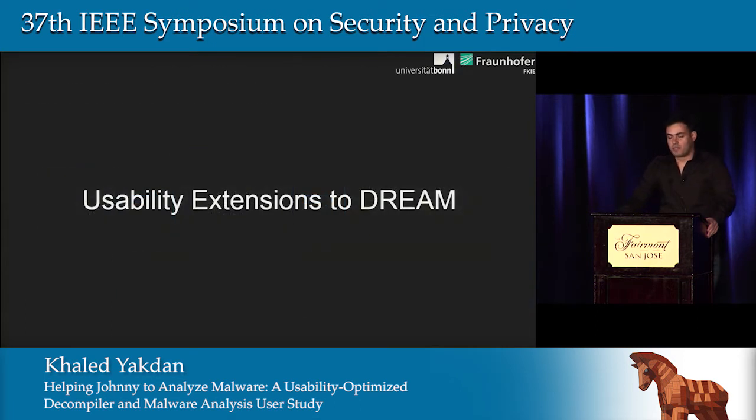The first step in designing our usability extensions was to identify the key readability problems in decompiler-generated code. For this, we talked to several malware analysts to identify the main readability issues they have when analyzing decompiled code, and we also analyzed the decompiled code generated by DREAM and by the industry standard Hex-Rays.